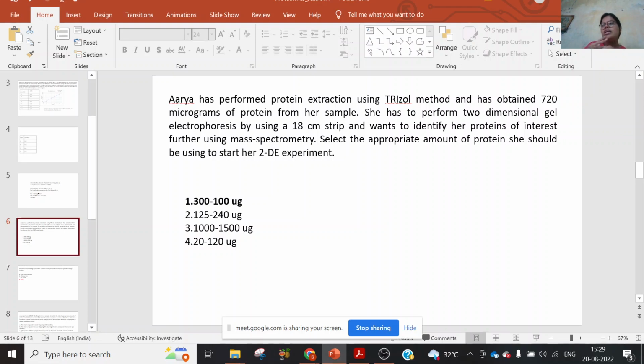That is why generally a range is given, not a fixed number. Depending upon your experiment, you have to figure out which amount is standardized for your particular experiment.